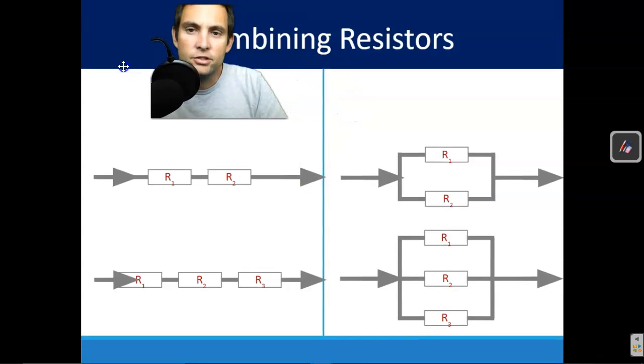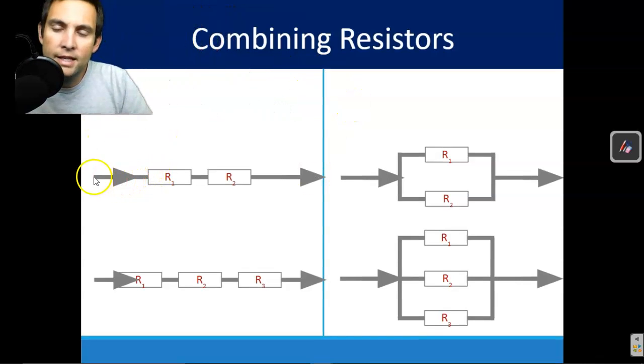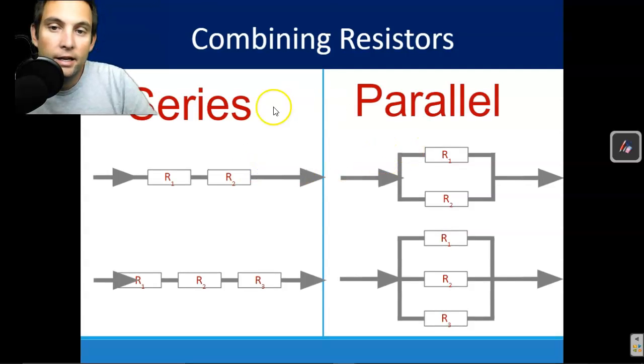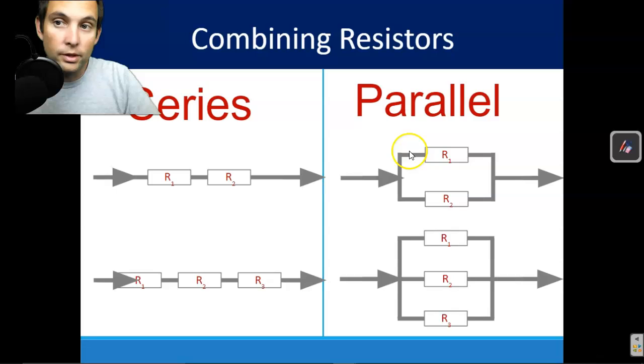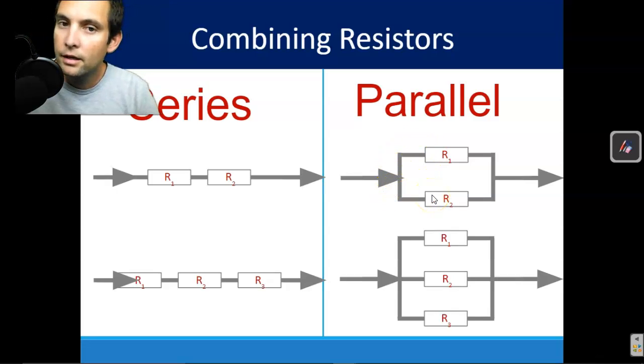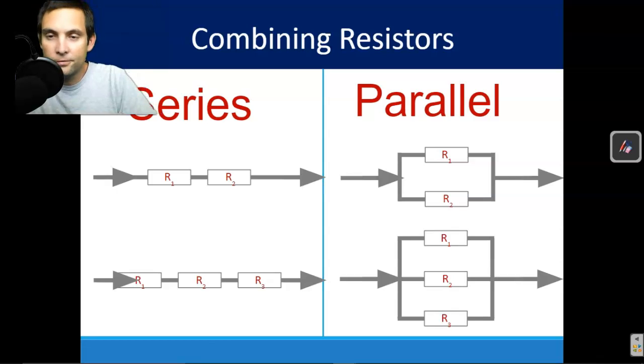To combine resistors, when the current has no choice but to follow this path, this is called being in series. If the current does have a choice, it can decide to go left or go right, then we call that a parallel circuit. This can happen for an infinite number of resistors.